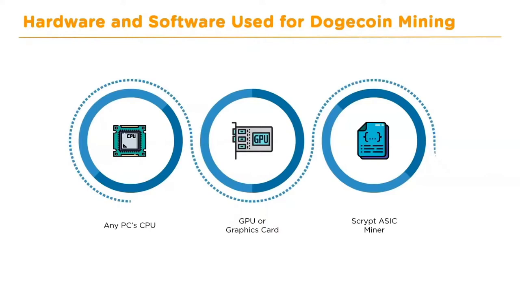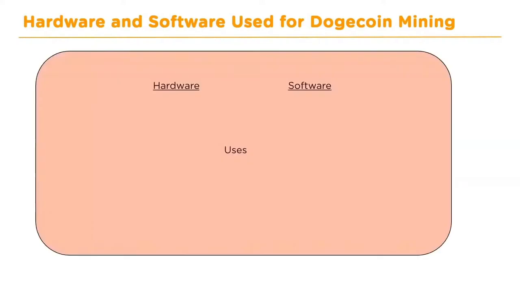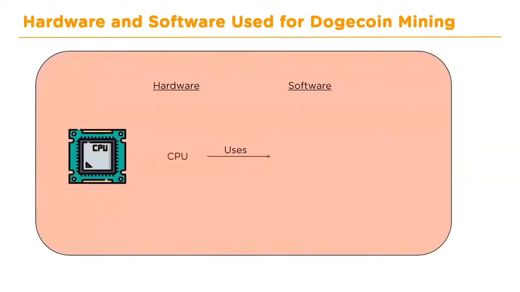A Scrypt ASIC miner is programmed to mine Scrypt-based cryptocurrencies like Dogecoin, like Bitmain Antminer L3, BWL21 Scrypt Miner, etc. If you are new to Dogecoin mining, then using your PC's CPU will be the right choice, and CPU Miner is the most appropriate software. If you are thinking of mining using a GPU or graphics card, you can have a wide range of software.